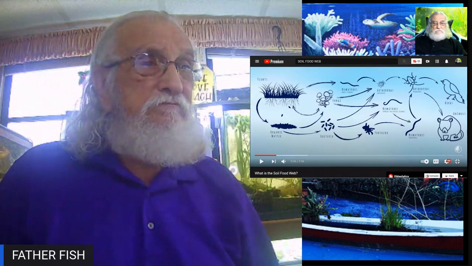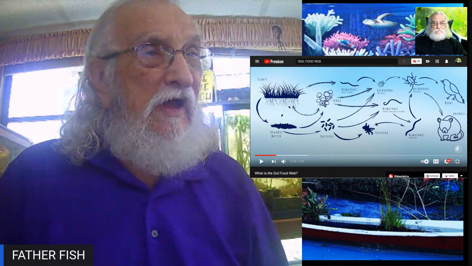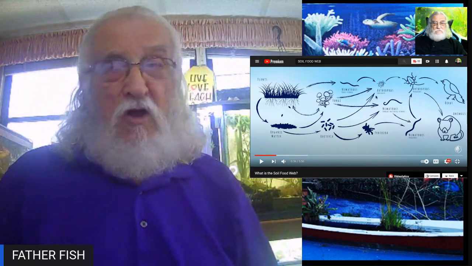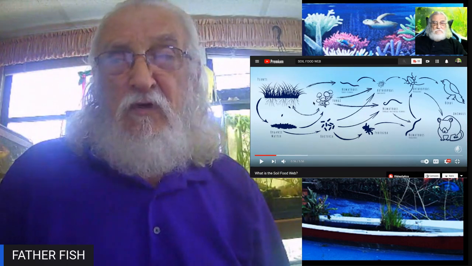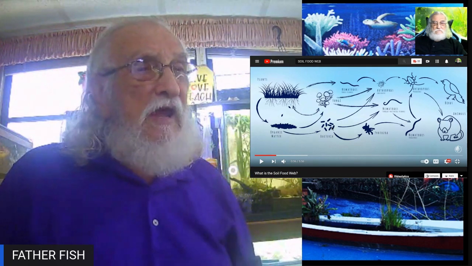So when you see a fish, for example, pecking around on the bottom of your tank, what is it looking for? It's looking for arthropods, nematodes, in other words, the insects that are growing and feeding on the smaller microscopic life in your tank, all of which derives from the breakdown of organic matter like fungi and bacteria. So that's the food web.